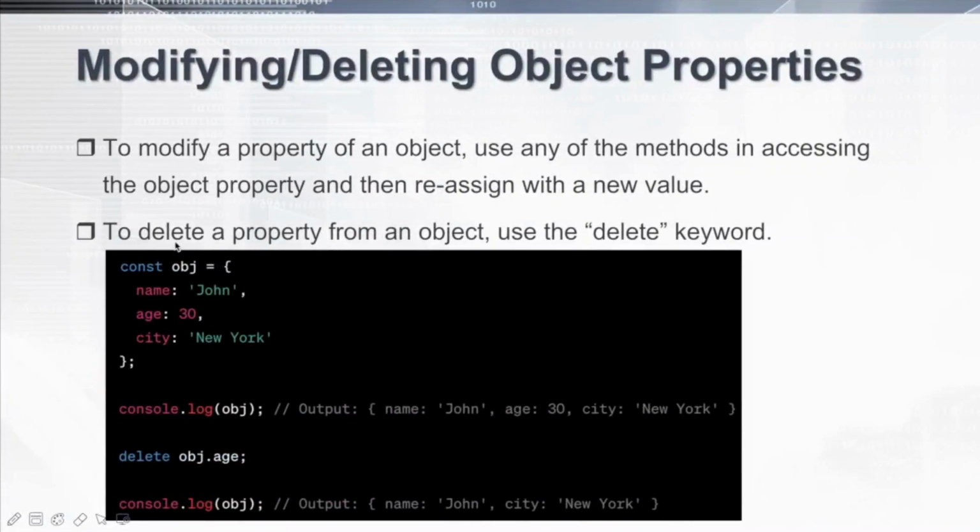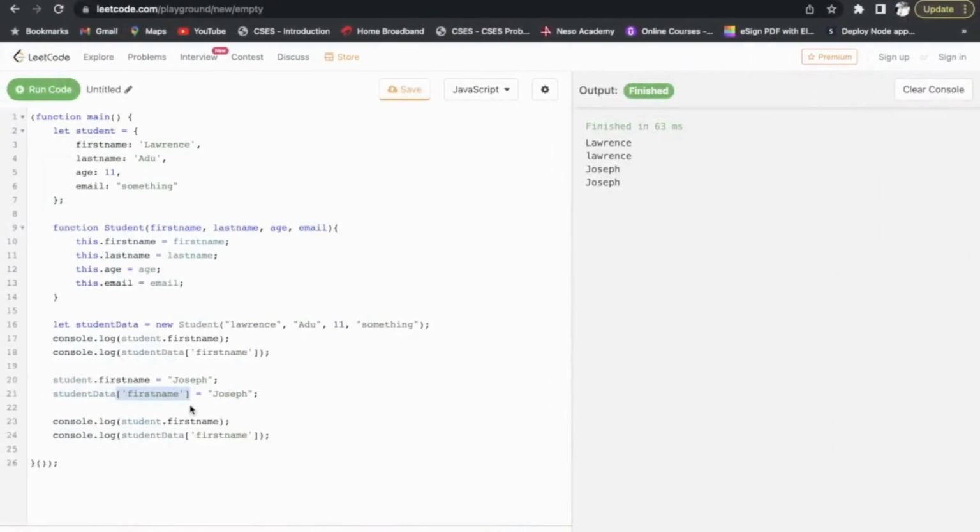Another thing we can do is to delete a property from an object. So to delete a property from an object, we can use the delete keyword. We can see that in this example here. So let's say I want to delete the age property from this object.